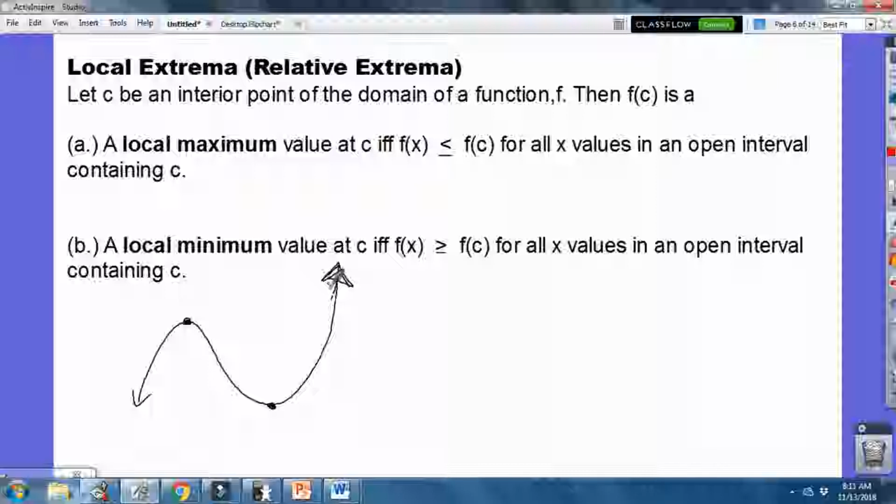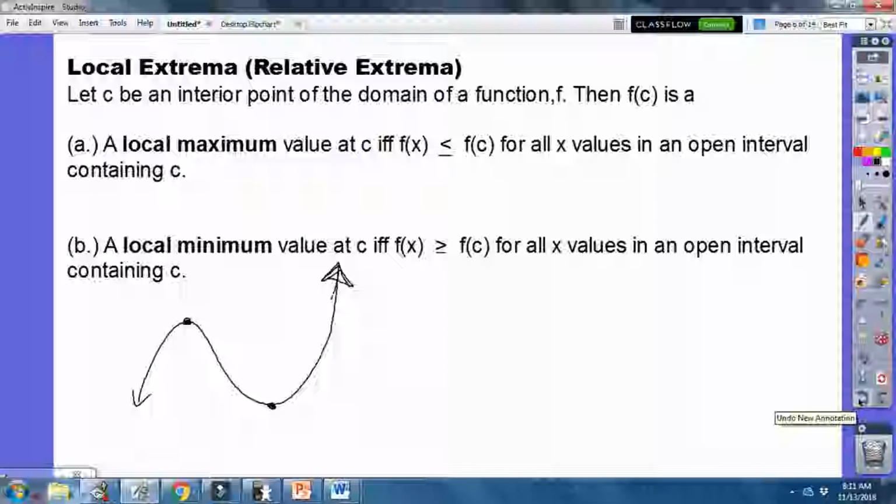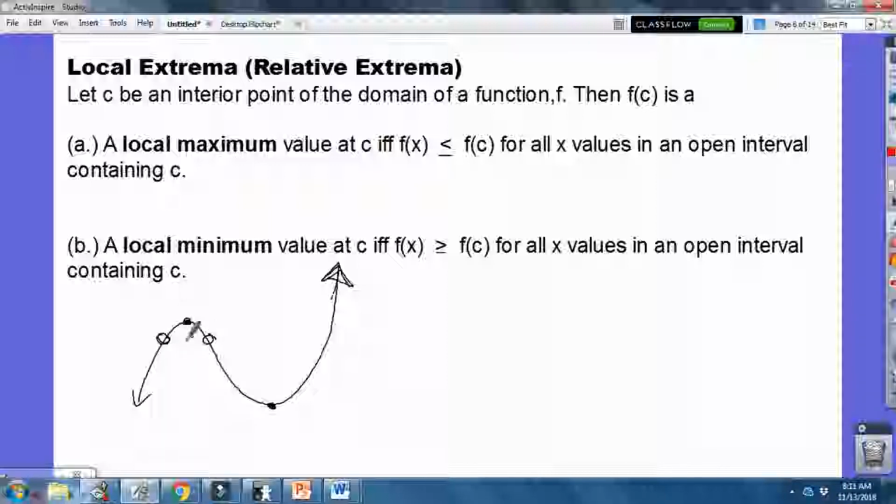So the reason why this is considered a local maximum is because if I set a domain around it, I can pick the open interval. It can be very small. I could just say from this point to this point, I'm just going to check every point around it. And if every point around it is lower than it, it's a local maximum. Okay, same thing here.